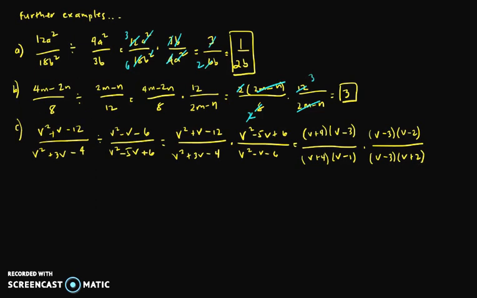So now we proceed with the cancellation. Okay, so b minus 3 can be cancelled, also b plus 4.